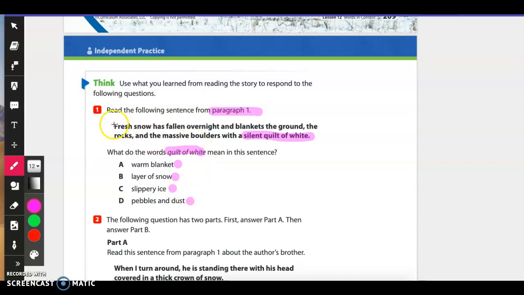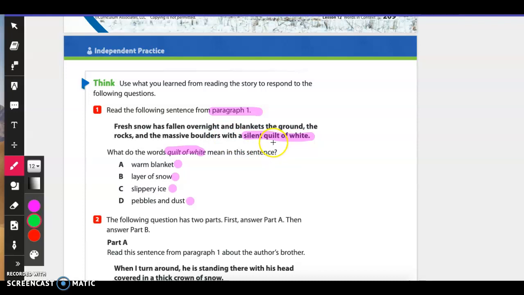Let's take into consideration the context clues that are used in this sentence to help us figure out the meaning of silent quilt of white. Silent means making no sound. Quilt is a type of blanket. White is the color white.